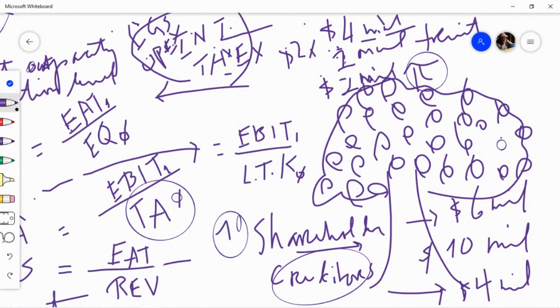So basically, a company, a firm, Professor, quick question. What if they default on the loan to the creditors? Then it changes around, correct?